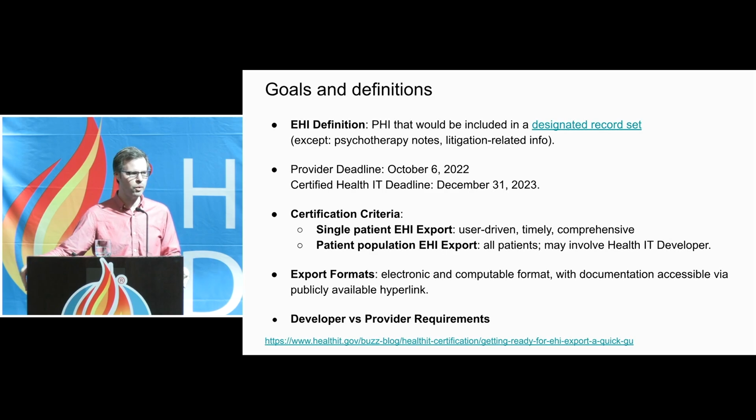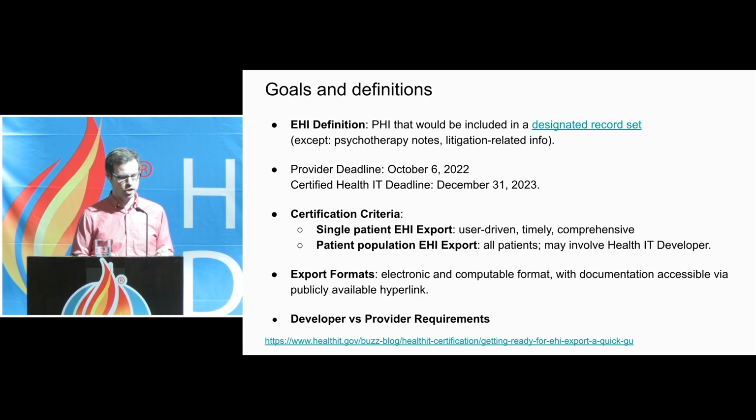Fast forward to 2020, we have this concept of an electronic health information export, or EHI export, that's introduced in the regulations. There's a piece of this which is simply a requirement for healthcare providers. If you're a healthcare provider and you're maintaining electronic health information about your patients, the patients can show up at any point and ask for a copy, and you're supposed to give them a copy.